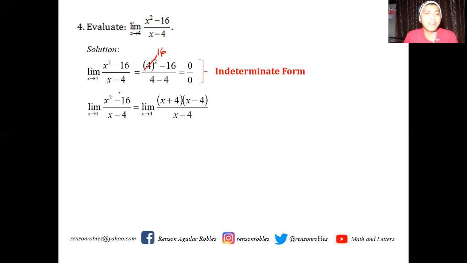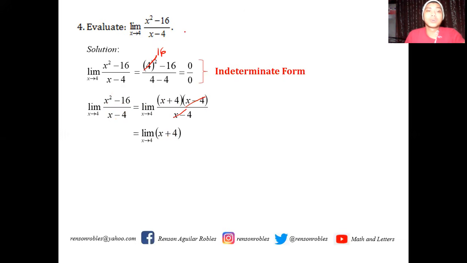And you just get the factors of x squared minus 16. This is equal to x plus 4 times x minus 4. And you can now cancel this out. Okay? And therefore, we can simply write it as the limit of x plus 4 as x approaches 4.